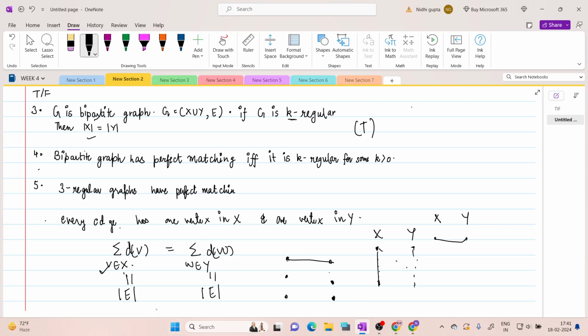So the degree sum in X and the degree sum in Y are equal, and this is true for any bipartite graph.